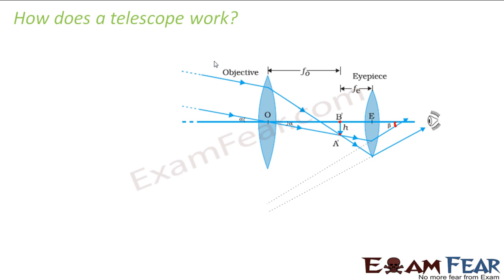So again, looking at the figure, what is beta? If you look at this triangle, beta is nothing but h by fe. Again, what is alpha? If you look at this triangle, alpha is again h divided by f naught.